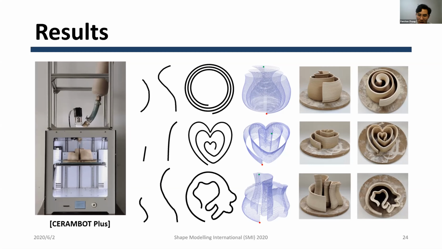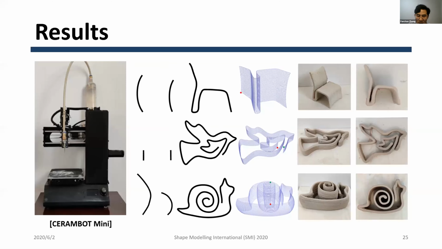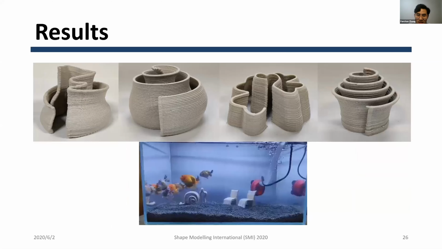And we pick some samples from the user-created surfaces and fabricated them with our 2 desktop 3D printers. The screen shows 3 printing results of the first 3D printer. These are other 3 printing results of another 3D printer. And we filed the models to make them more rigid.